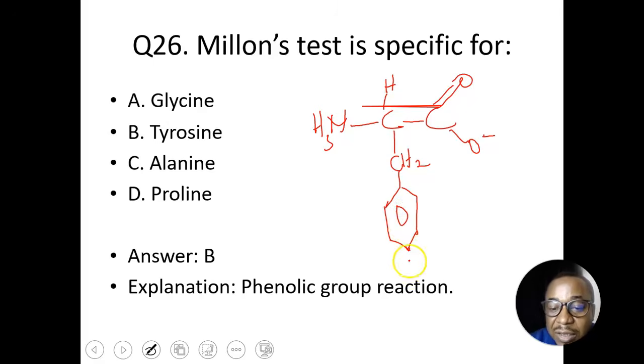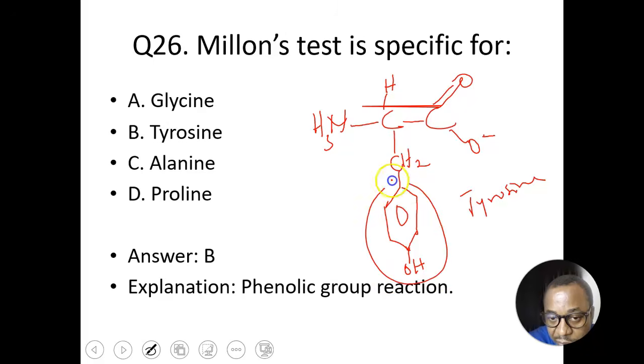Now, if the phenylalanine has a hydroxyl group, it is tyrosine, and this tyrosine will test positive to Millon's test. This is the phenol we are looking for. But it can give a false positive if there is phenol present in the solution, because it's testing for phenol.